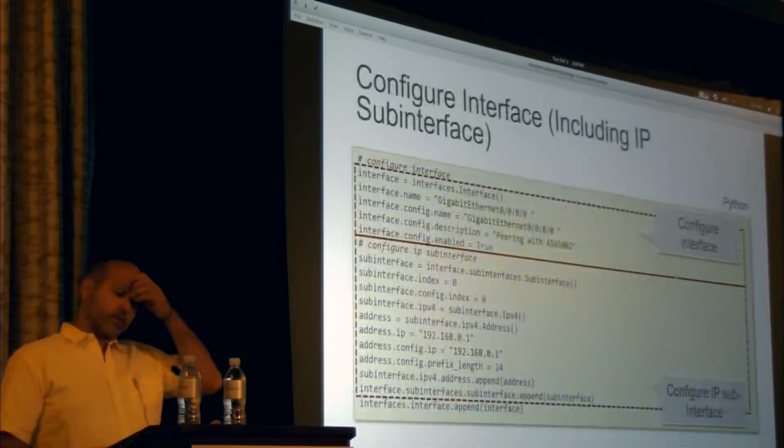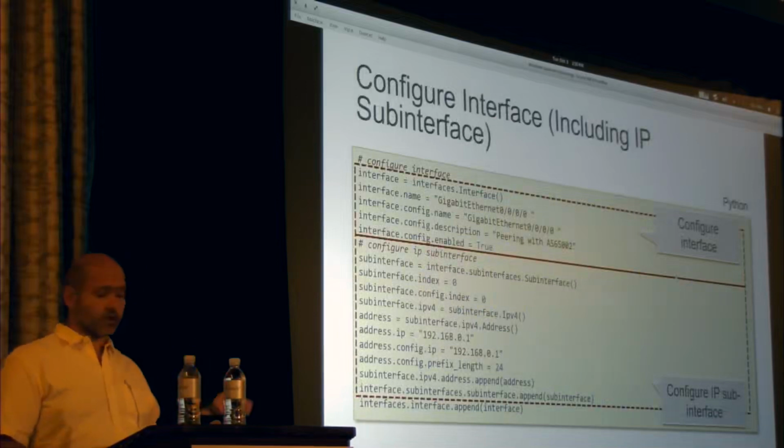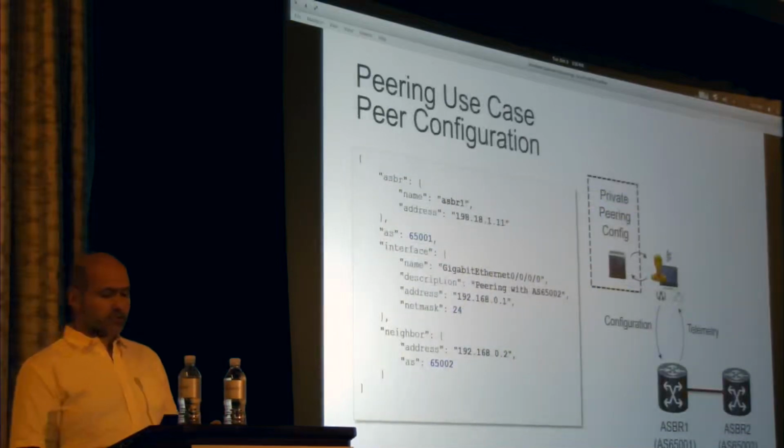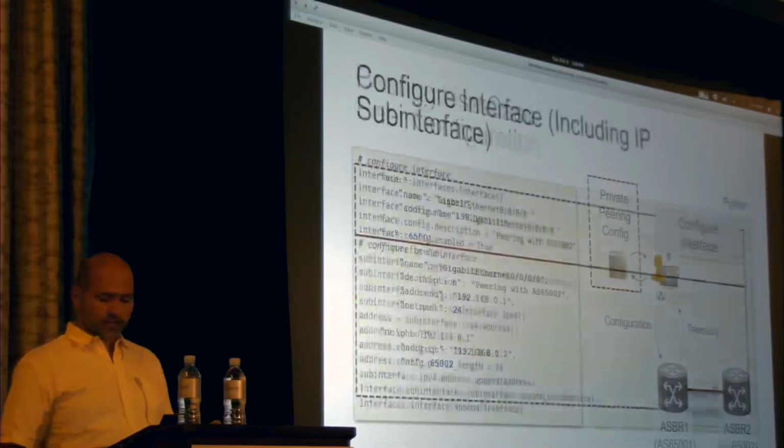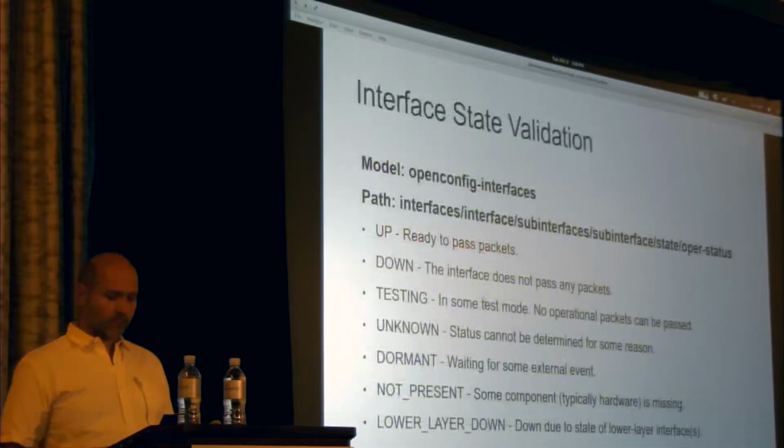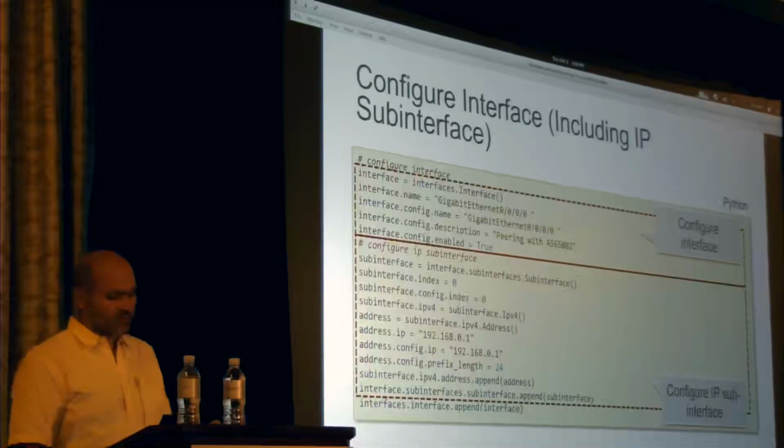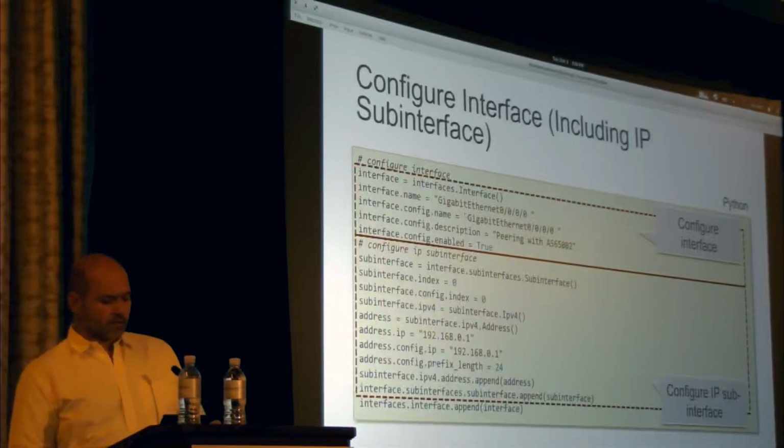So let's take a look at the IP interface configuration. Remember, my script has to read this basic interface configuration and send that to the router using OpenConfig. So this is the snippet of configuration, also in Python. This is my GigabitEthernet0 interface. I put the description of the interface. And remember, all the IP configuration happens under a sub interface.